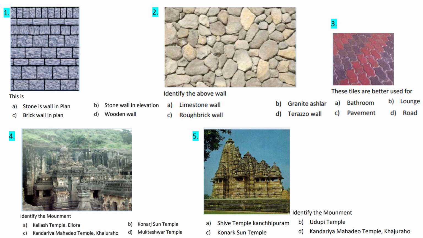Have you seen Konark Sun Temple, Shiv Temple of Kanchipuram, or Udupi Temple, which looks similar to this? No, right? This temple is Kandariya Mahadev Temple from Khajuraho. Then this one is Kailash Temple, Ellora. And the rest you have to solve.